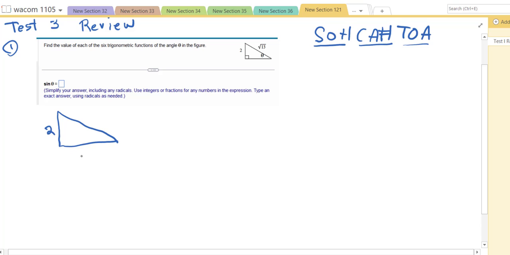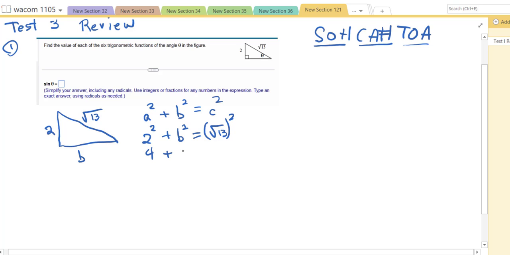I've always used A, B, and C, so I'm going to call this one B, and my hypotenuse is C. So I have A squared plus B squared equals C squared. My A is 2 squared plus B, I don't know, and my C is square root of 13 squared. 2 squared is 4 plus my B squared. Square root of 13 squared is 13.